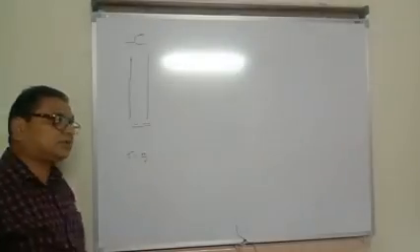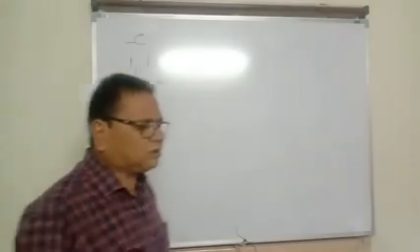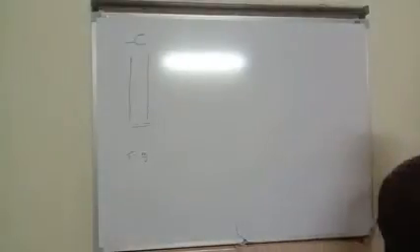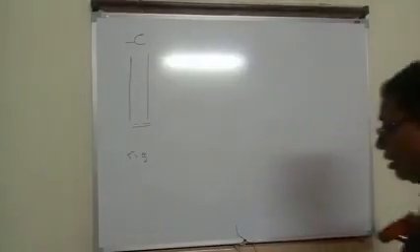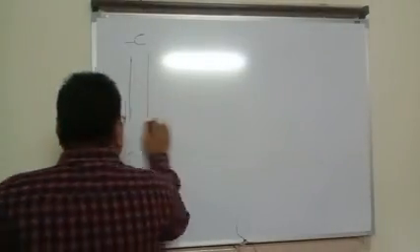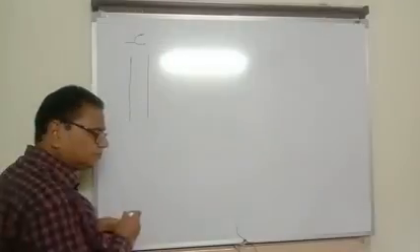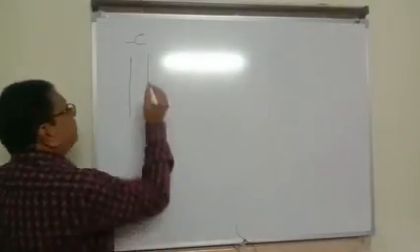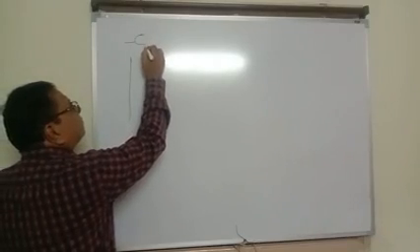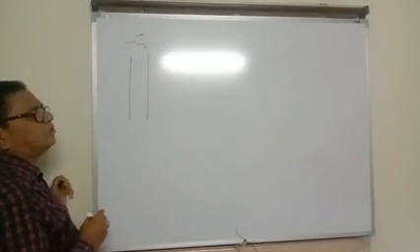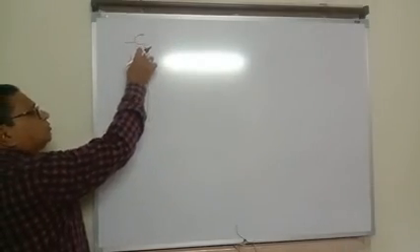Stationary waves are set up in the string. Stationary waves are set up in the air column, provided the condition is that the compression of longitudinal waves passes through the air column.